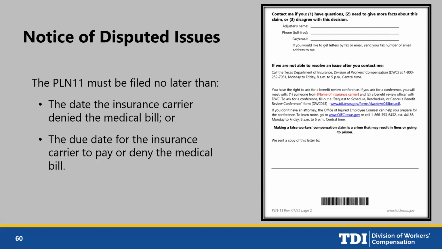So you can ask for it if you see that they haven't filed a PLN 11 and you've received an explanation of benefits saying your medical bill is denied for extent of injury, then you can file a complaint because it should be simultaneous, as soon as the carrier was supposed to pay, reduce, or deny your bill, or when you receive an EOB. So that's when they're supposed to file a PLN 11. And again, it can happen at any time during the life of the claim.